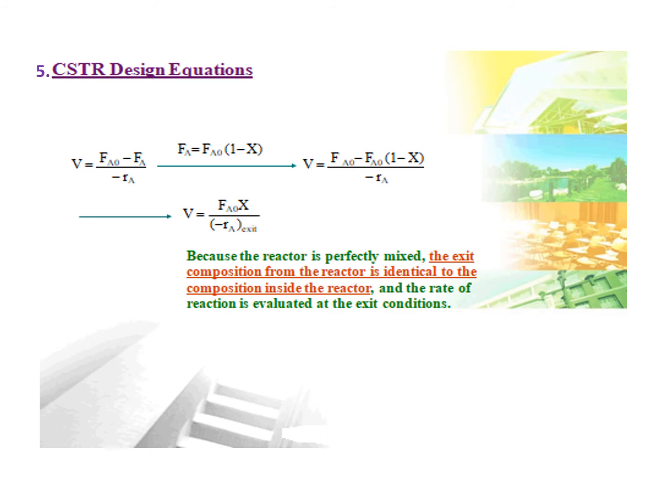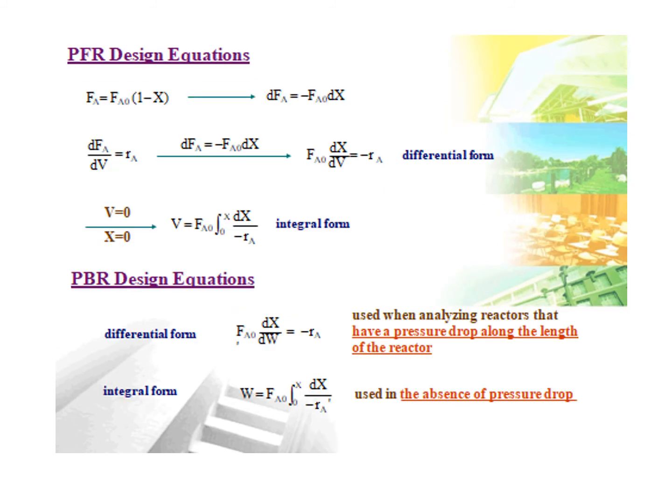So here we'll find the final formula V is equal to FA0 X upon minus RA at the exit point. Because this reactor is perfectly mixed, the exit composition from the reactor is identical to the composition inside the reactor, and the rate of reaction is evaluated at the exit point condition. So after the CSTR design equation, we'll discuss the PFR design equations.